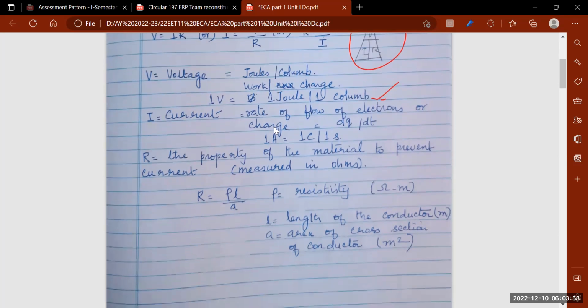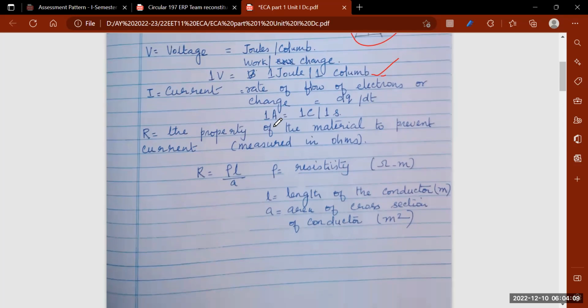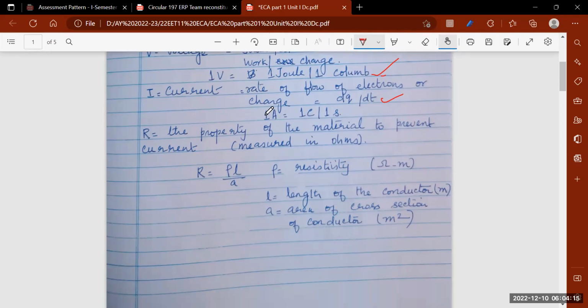And I is the current, the rate of flow of electrons or charge. Maybe these are all very familiar to you, but I'm recalling all this. Current is given by the rate of change of charge with respect to time. 1 ampere is equal to 1 coulomb per second.